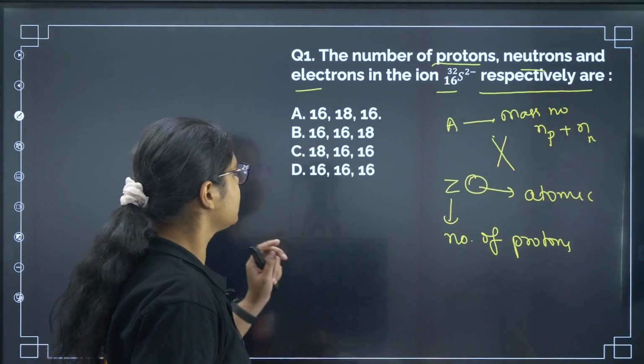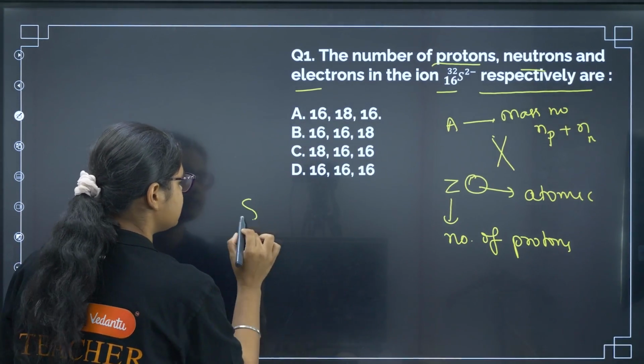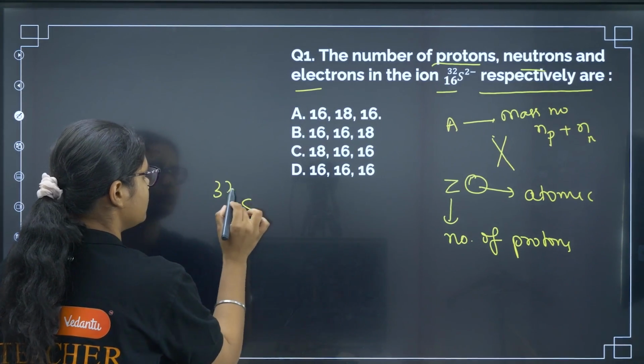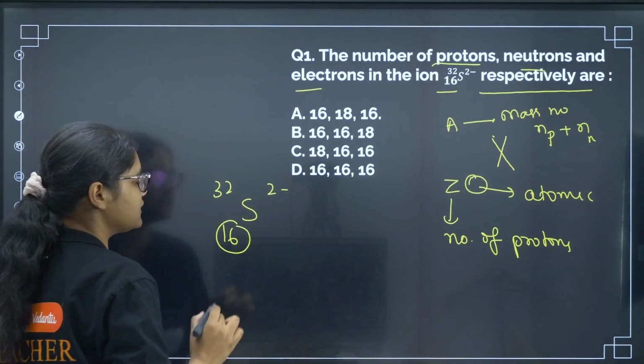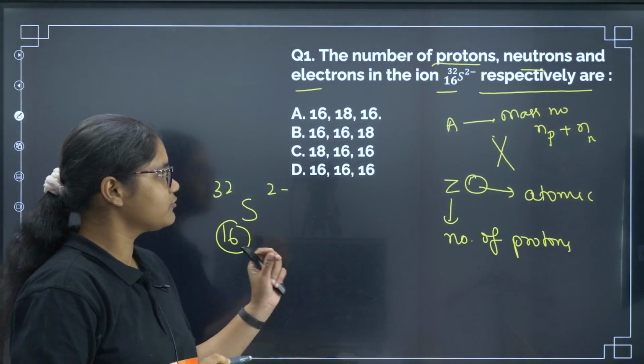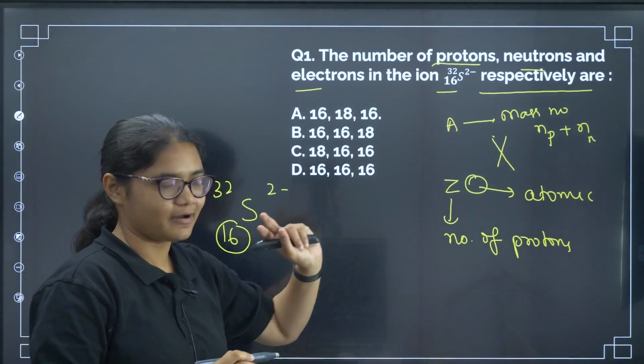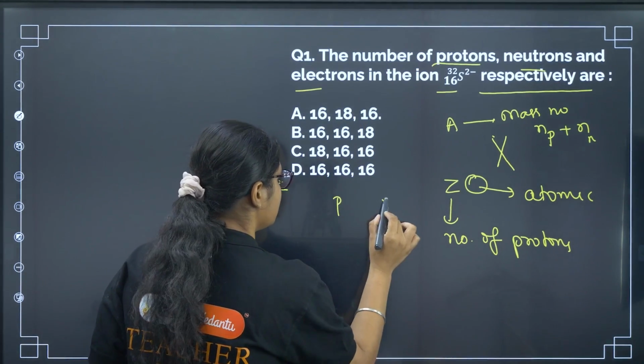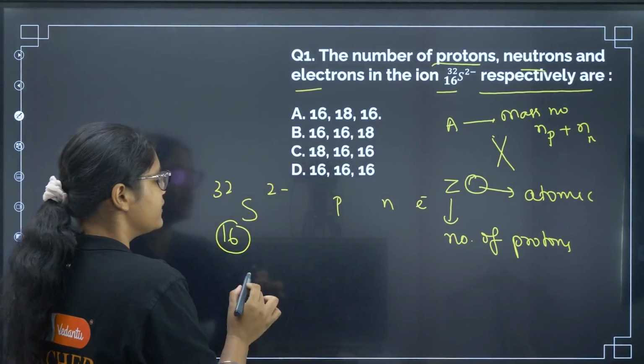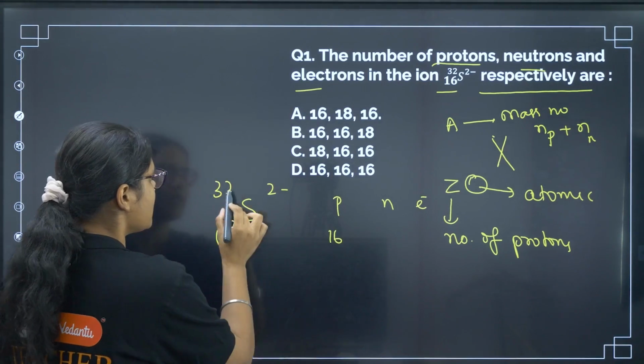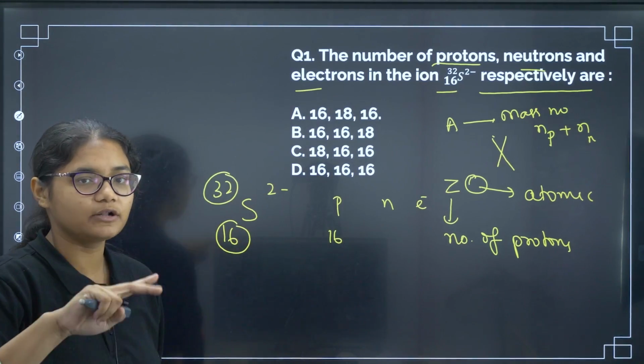Right? So now in this question, if we see S 16, 32, 2 minus, this 16 is the number of protons. Here you have to be careful about the order in which they have asked. They have asked protons, neutrons and electrons, right? So 16 is the number of protons. Now 32 is the total number of neutrons plus protons.